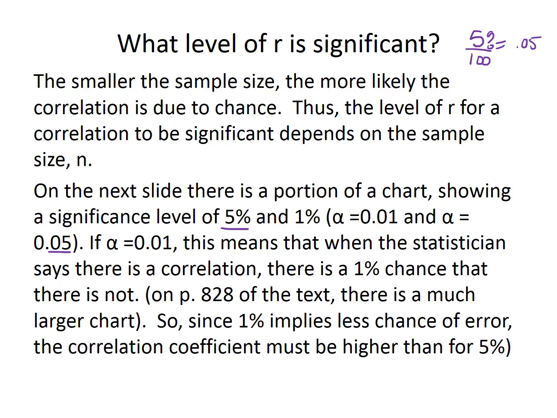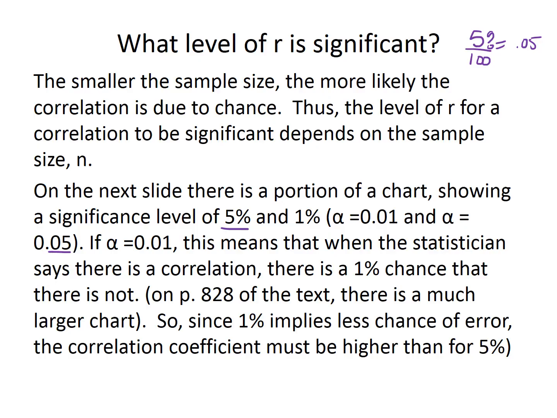And we use the Greek symbol alpha to indicate these significance levels. Alpha equals 0.01 and alpha equals 0.05. So if alpha equals 0.01, this means that when the statistician says there's a correlation, there is a 1% chance that there is not. Okay.